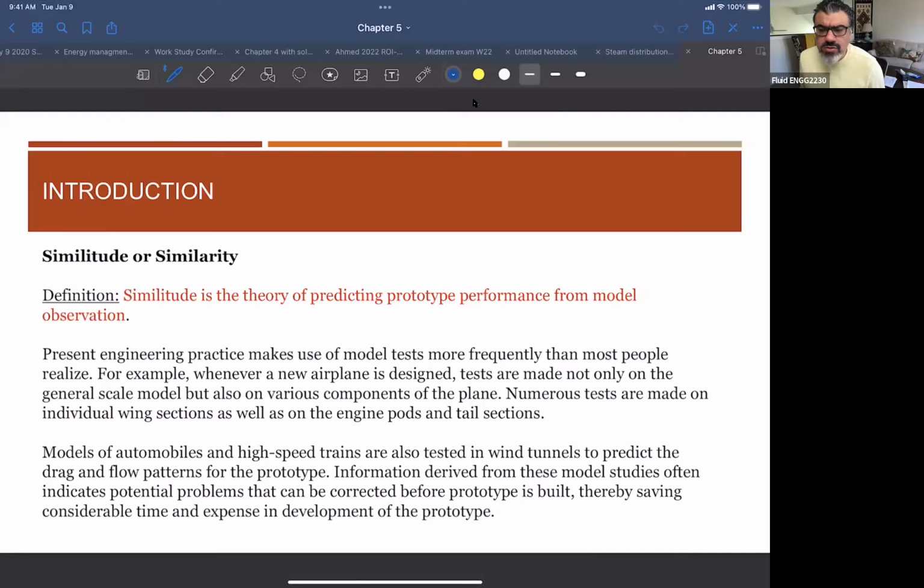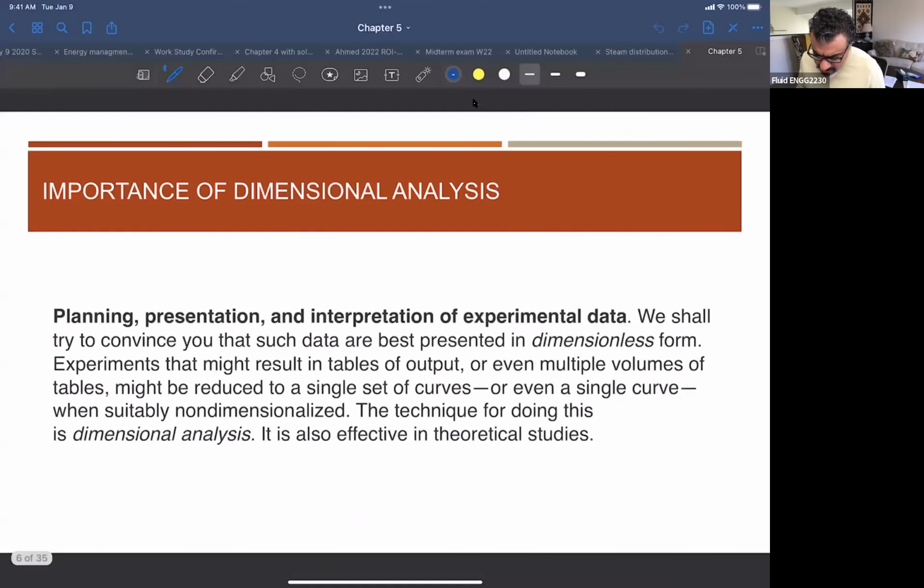We agree that this course is basically introducing you to understanding big topics, at least from a fundamental perspective. You can expand this if you are interested to learn more. Okay. So the importance of dimensional analysis, I'm repeating myself here, is helping you with planning, presentation, and interpretation of experimental data.